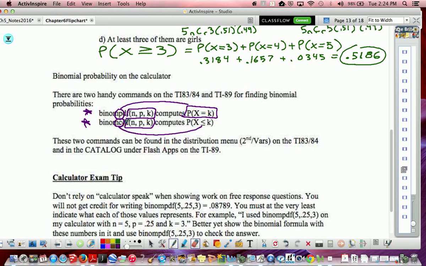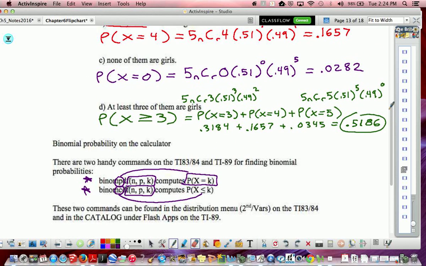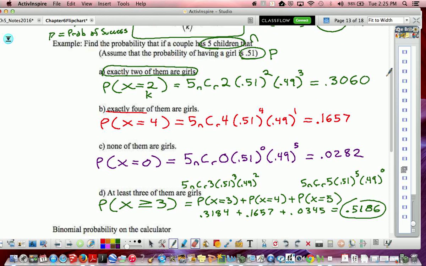So one of the things I could do is go up here and do these calculations using binomial PDF and binomial CDF. On this first one, if I look at it, I want to use my calculator.